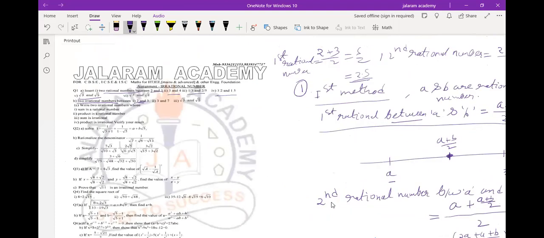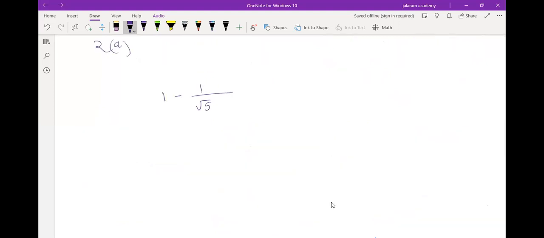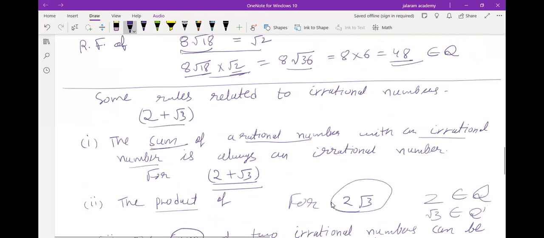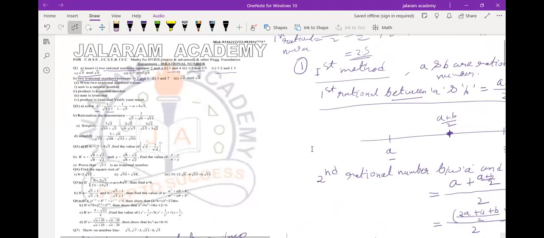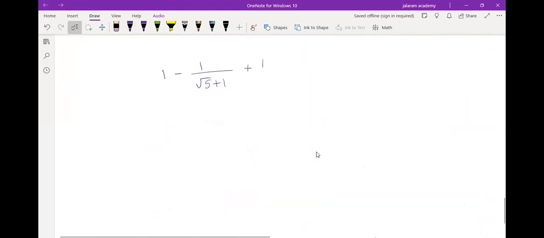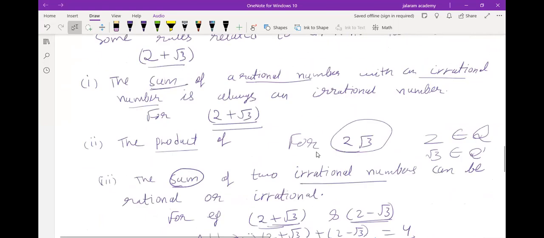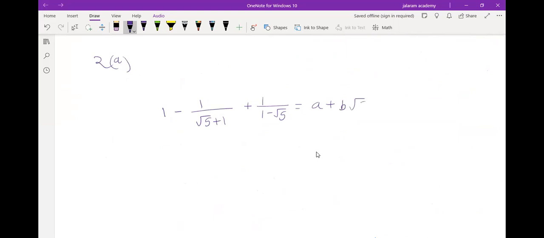It is given 1 minus 1 upon root 5 plus 1 plus 1 upon 1 minus root 5 equals to a plus b root 5. So find a and b.